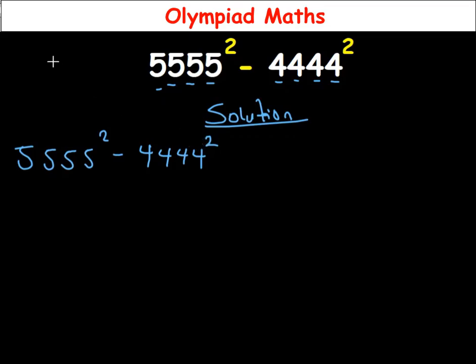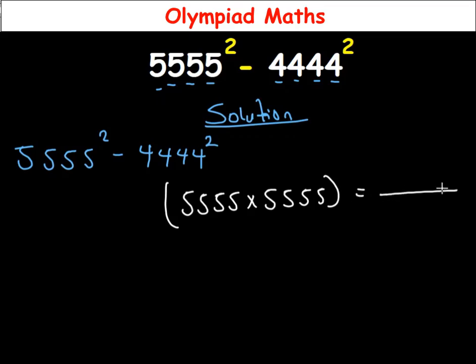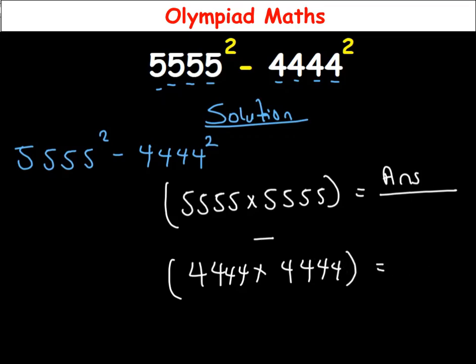Now, if we were to solve it the normal way, instead of 5555 squared, you would do 5555 times 5555, write down the answer, and then subtract 4444 squared, so you do 4444 times 4444, write down the answer, then subtract the answer, and that becomes the final answer.